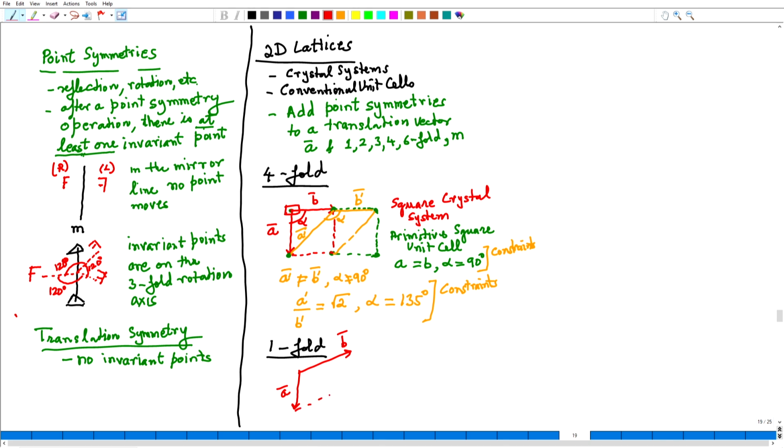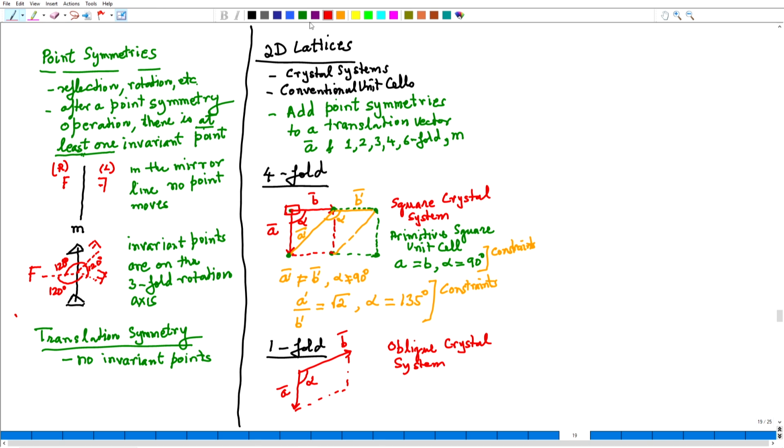And if I now look at the shape of the unit cell, it is like a parallelogram, and the vectors A and B, the angle they make with each other is alpha. So it can be called a parallelogram crystal system, or I can refer to this as the oblique crystal system.